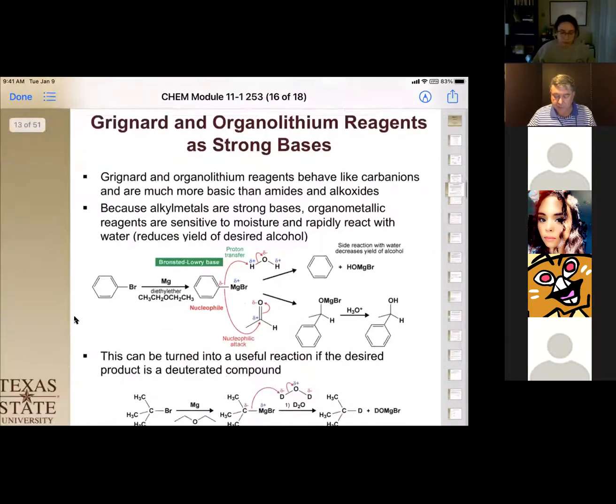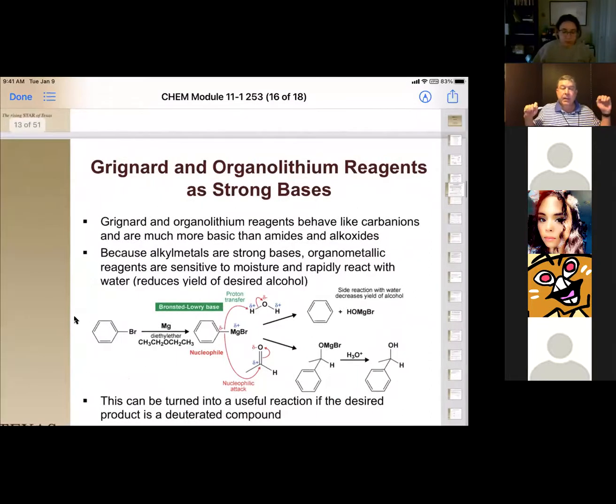Because these organolithium reagents and organomagnesium reagents, or Grignard reagents, are very strong bases, they react with anything with an acidic proton, which means you have to be very careful about what you use as a solvent for your system and whether or not there is something with a proton that can be transferred here.